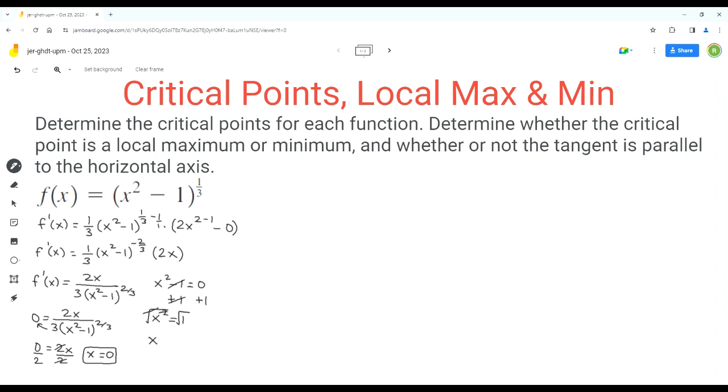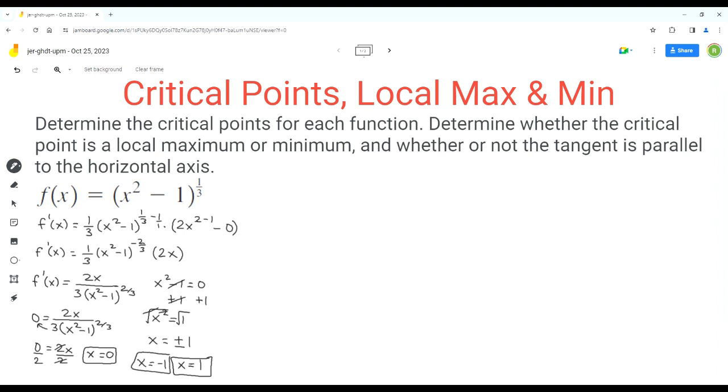So we'll get x equals plus or minus 1. So that means there are two more critical numbers, x equals -1 and x equals 1. So this function f of x has three critical numbers.